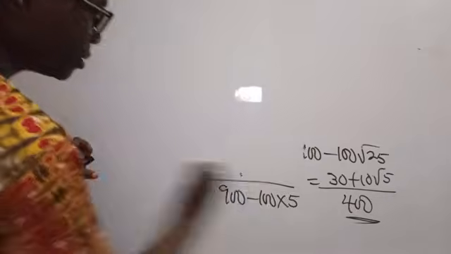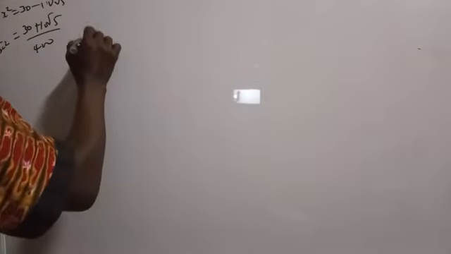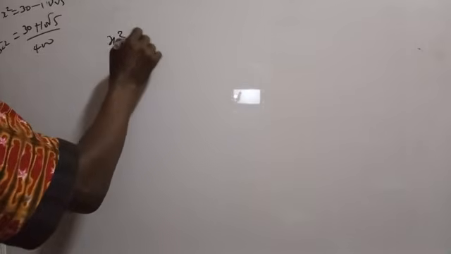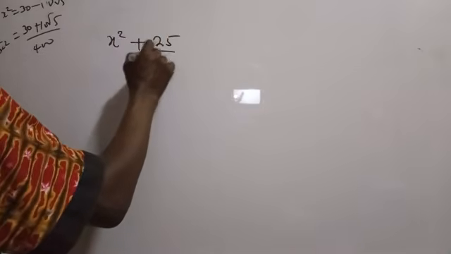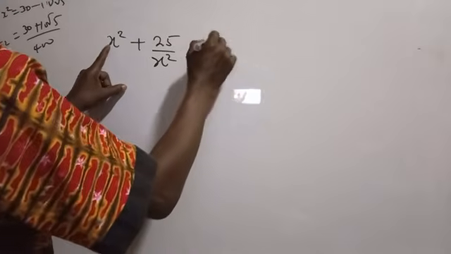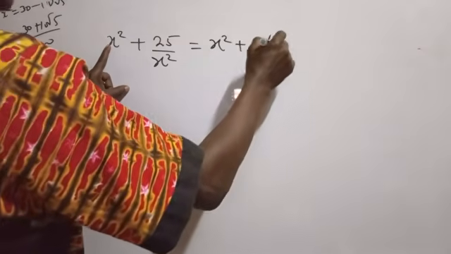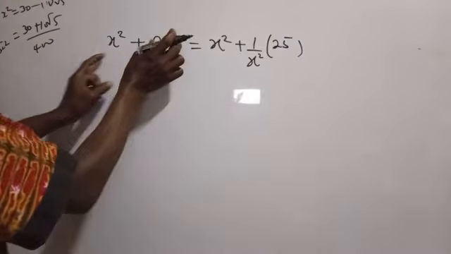You see what we're going to do now. Very, very simple. Okay, now recall, we want to have what? x squared plus 25 all over s squared. Now, from here, we can write this as s squared plus 1 over s squared multiplied by 25. Yes, 25 is a numerator.